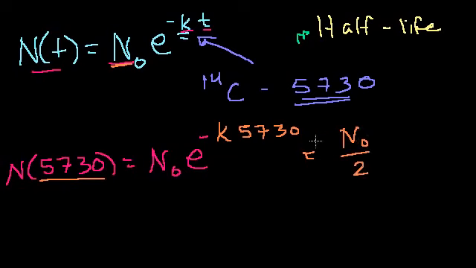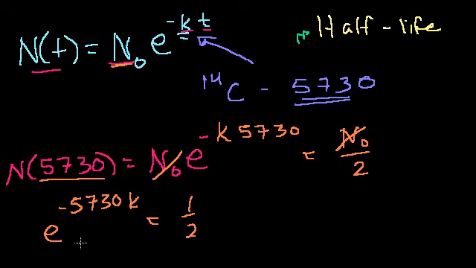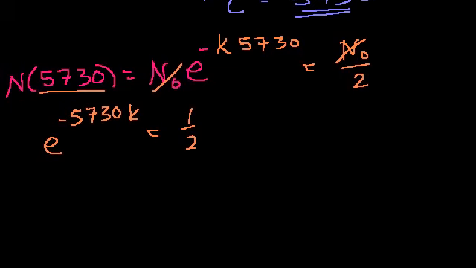So if we try to solve this equation for k, what do we get? Divide both sides by N naught, get rid of that variable, and then we're left with e to the minus 5,730k is equal to 1/2. If we take the natural log of both sides, what do we get? The natural log of e to the a is just a.